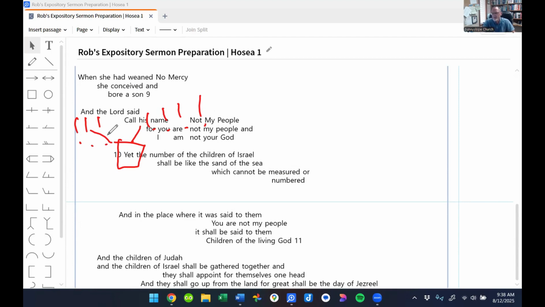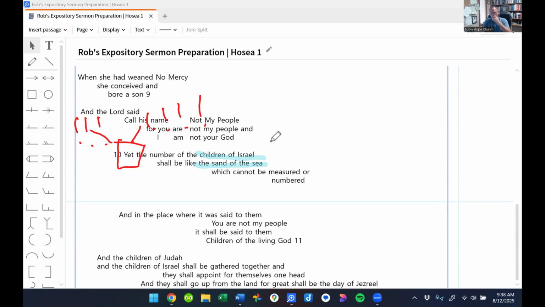But we find this language here and it's worth pointing out: the language of sand along the sea. The number of the children of Israel shall be like the sand on the sea. That too is Genesis language. That's the covenant that God makes with Abraham a little bit later, I think in Genesis chapter 15, where God lays out that promise where he says, your descendants will be as many as the stars in the sky and the sands on the seashore.